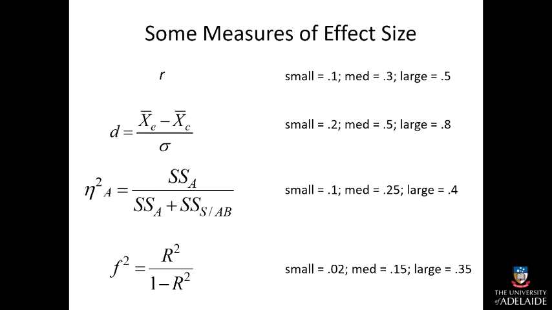Now, I've sort of glided past the issue of effect sizes. Here are some common measures of effect sizes, some that you'll be familiar with, some not so much. Pearson's correlation coefficient is a measure of effect.